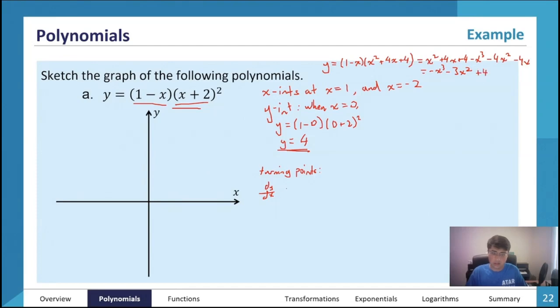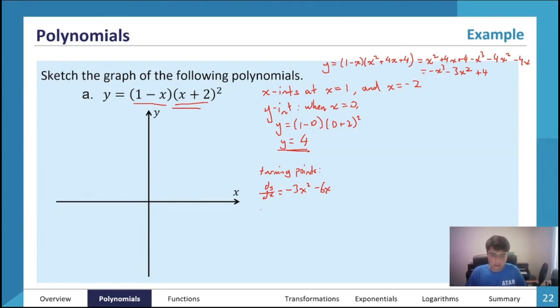Okay, so we have now this in expanded form, so now we can take the derivative. We have negative x cubed. So remember, bring the power down and then subtract the power by 1. And then we have minus 3x squared here, so this is going to be negative 6x. And then we have 4, which has a derivative of 0.